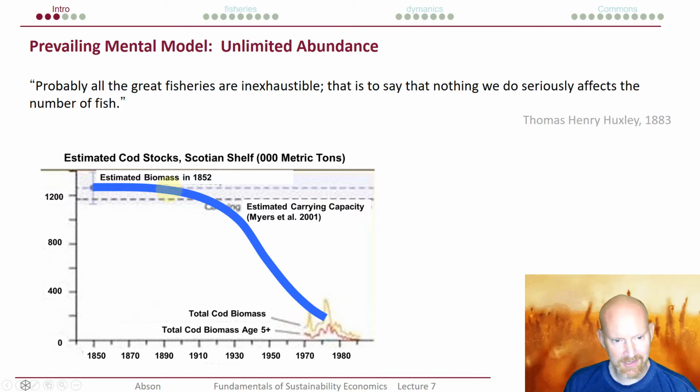You can see there was this massive decline from something like 1.2 million metric tons to less than 200,000 metric tons, and we've been managing in this kind of highly degraded fish stocks since the 1970s, and it's only really been getting worse since then.